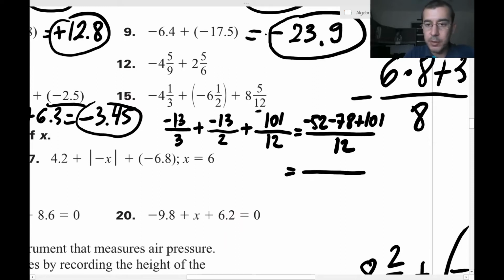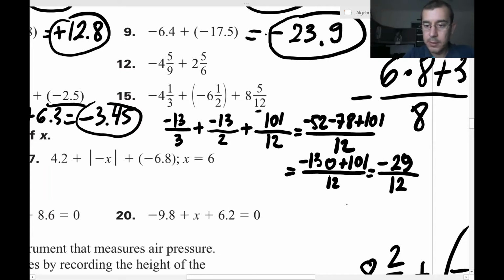And then we add up these two negative numbers, minus 52 and minus 78. And that is 8 plus 2 is 10, 0 and 1. 5 plus 7 is 12 and 1, 13. So minus 130. And then plus 101 over 12. Or that is minus 130 plus 101 is minus 29 over 12.